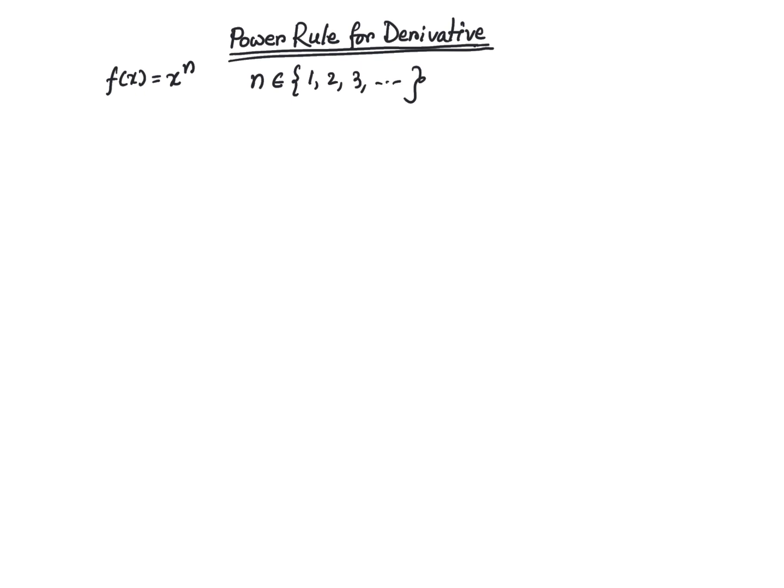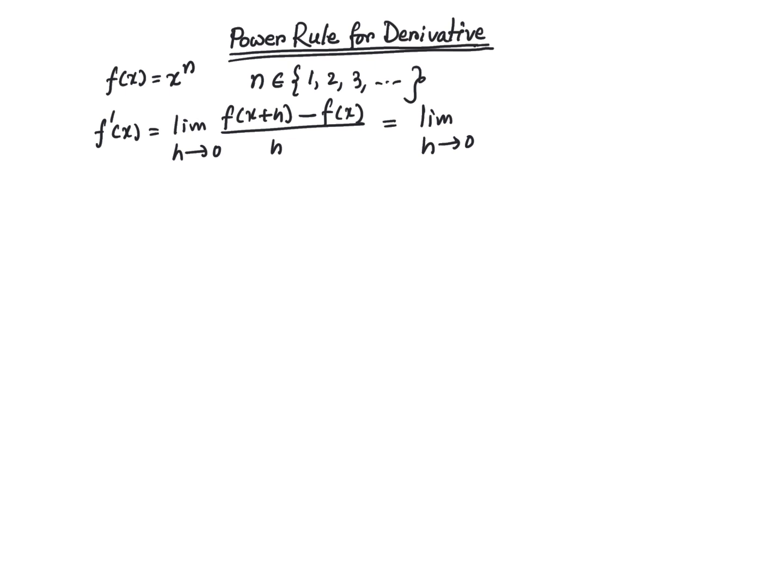So we want to find out the derivative of this function, that means f'(x). That's what we are looking for. By definition, it is the limit as h approaches 0 of [f(x+h) - f(x)] divided by h, which is going to give me the limit as h approaches 0.